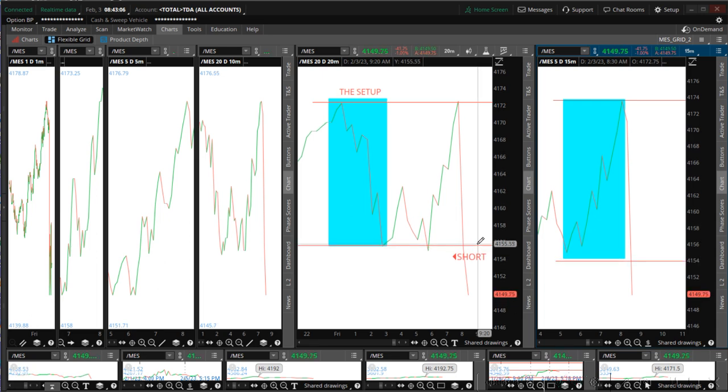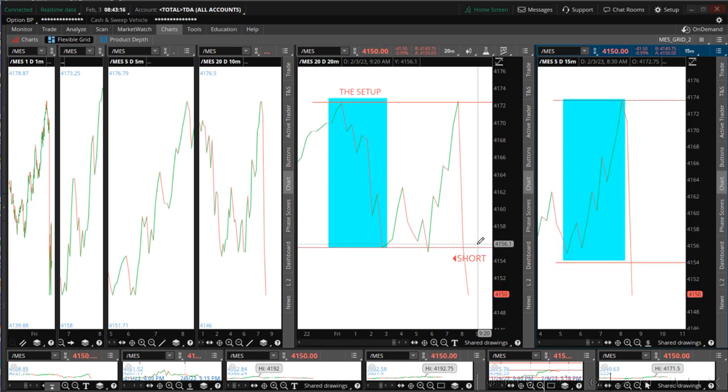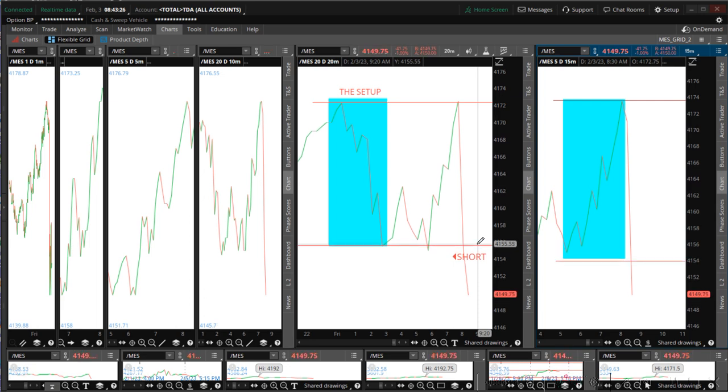So the fractal is going to give you a top or a bottom. Now, if we find a bottom, we're expecting the market to rally. However, if it goes the other way, that's called a bottom reversal on a bottom fractal. Likewise, on a fractal top, the market will go down.